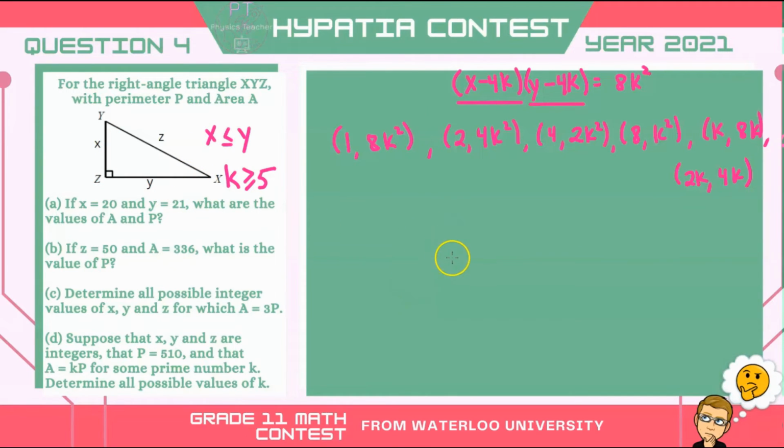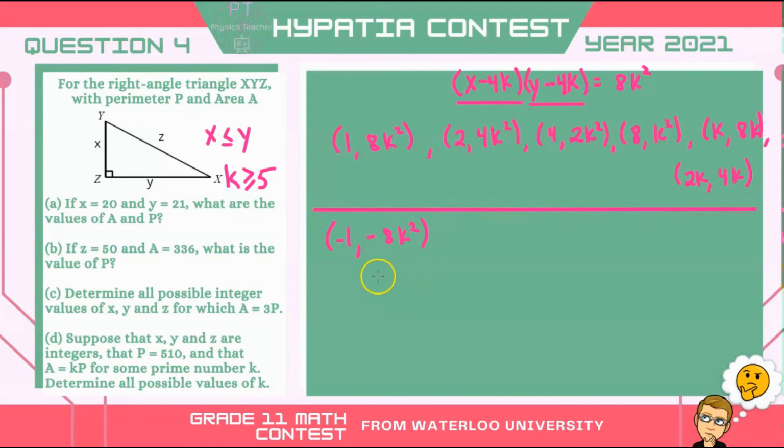Now, just as before, we also have all the same factors, but all negative. If we replace each of these values with the exact same negative value, this would also satisfy the equation. For example, you could have minus 1 and minus 8k squared. But let's look at this.